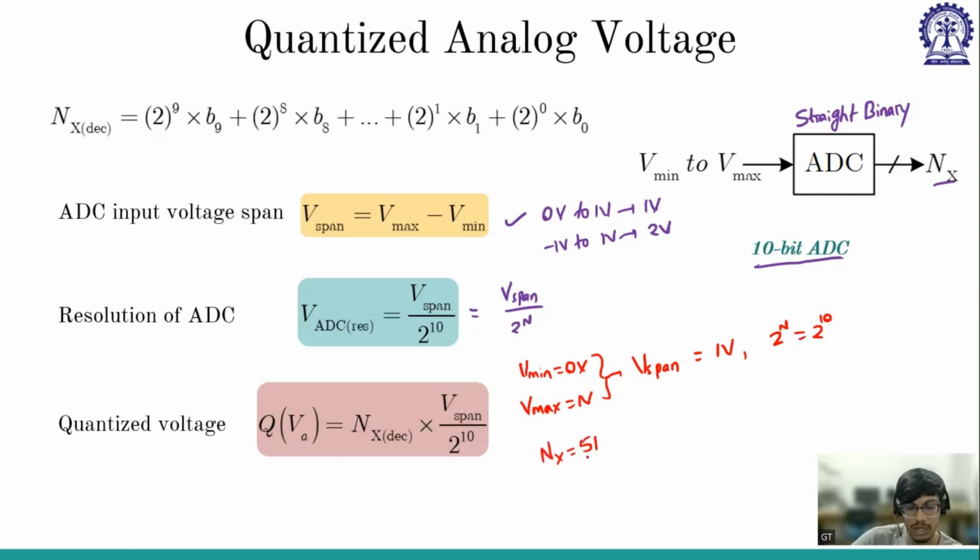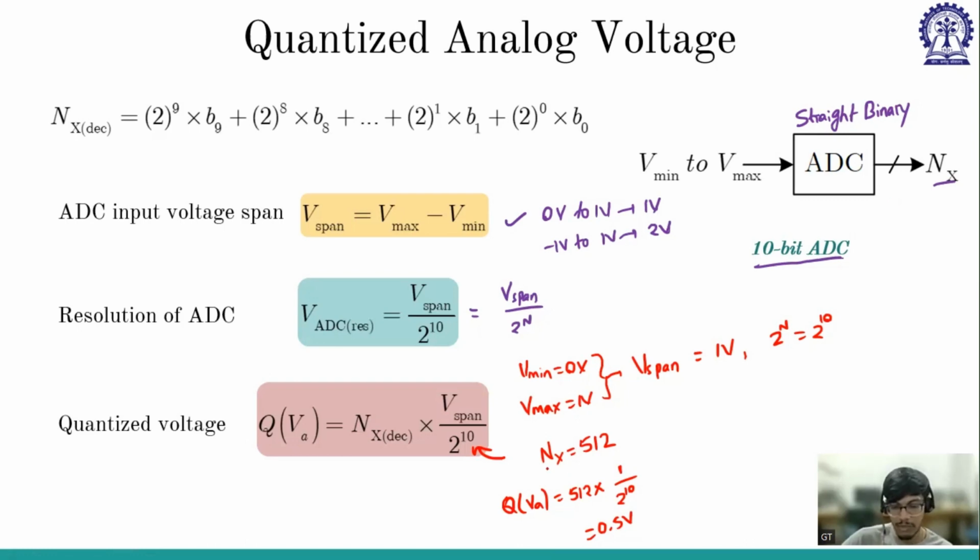Say our ADC output is 512. Now I have to know what voltage 512 actually means. I will substitute this in this formula. So I will get Q of VA is 512 into V span, which is 1, by 2 to the power 10. So it will be 0.5. So I know that if my output of ADC, which is a digital number, is 512, it means the input to it is 0.5 volts.